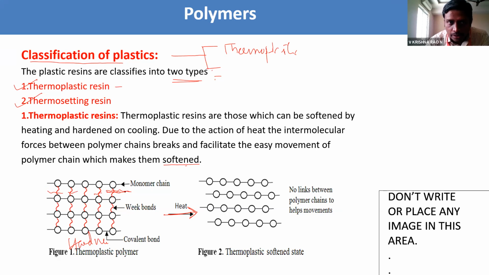The intermolecular forces present between the polymer chains are weak bonds, and they undergo breakage. The chains break and facilitate easy movement. There are no links between the polymer chains, so easy movement of the polymer chains can take place.